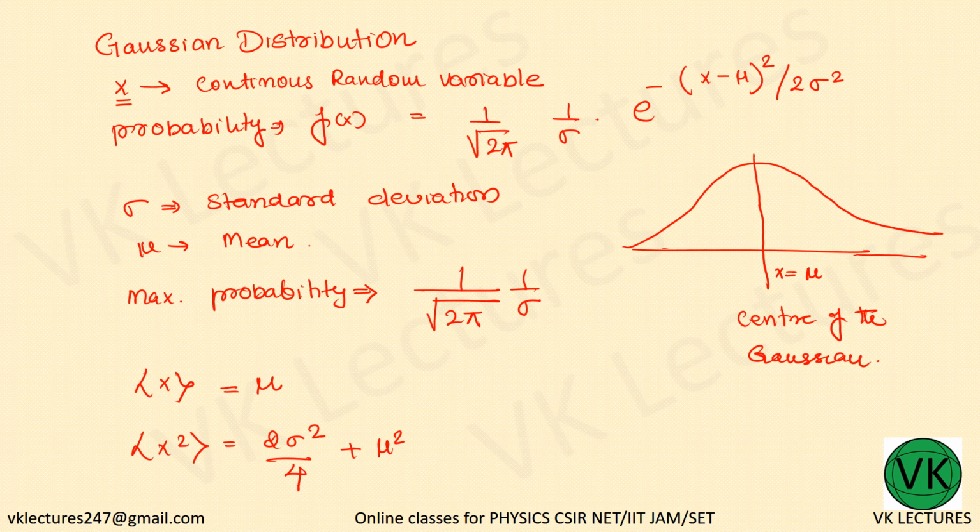One more thing: when the standard deviation sigma is equal to 1, then the Gaussian is called the normal distribution.